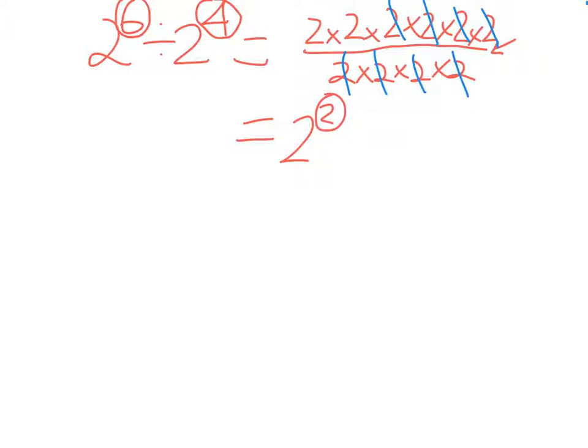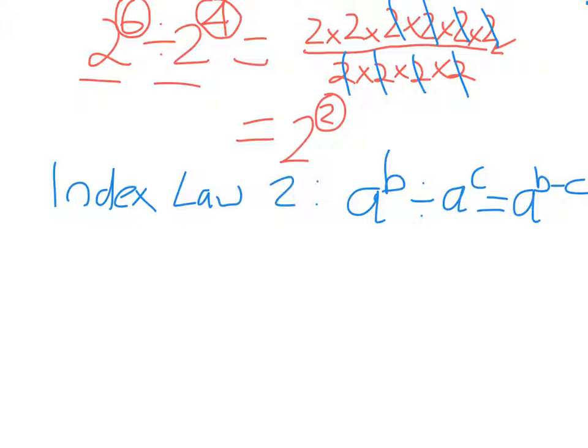So this would have worked, whatever number I chose, if I chose 3 to the power of something or 5 to the power of something, as long as, again, the bases are the same. So that is our next index law. So again, I've written it generically using A's, B's and C's, but you can substitute A, B and C for any number. Well, in this case, we're just looking at positive integers.